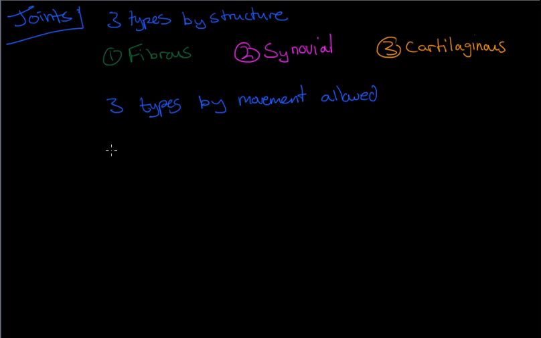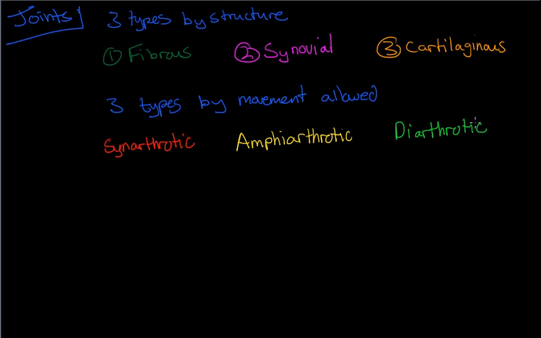And that's synarthrotic, amphiarthrotic, hope I spelled that right, and diarthrotic. These are three classifications of joints by the motion they allow.